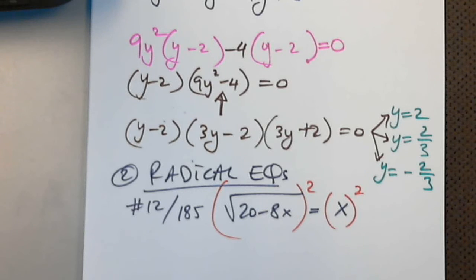Why? Because the outcome of solving after I square both sides may or may not work in the original problem. The solutions that I get may or may not work in the original problem. So here's why. If I have an equation and I add 5 to both sides, will the new equation have the same solutions as the original one?